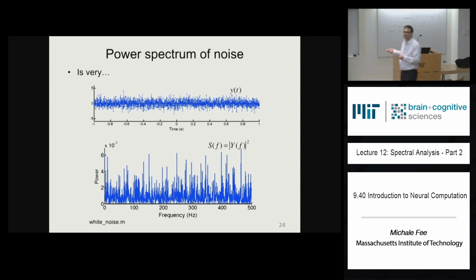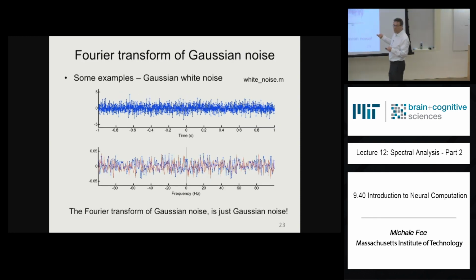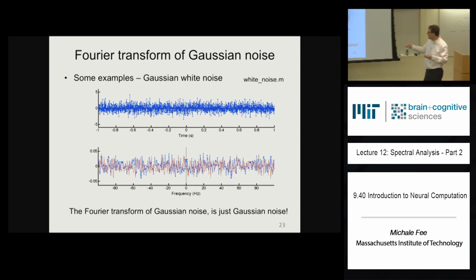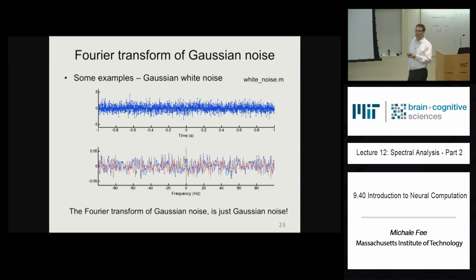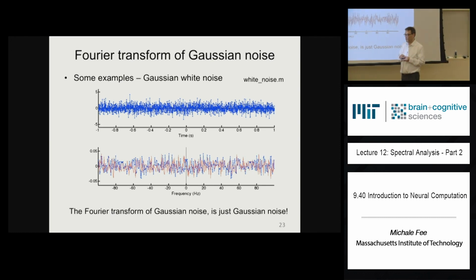All right, now what is the power spectrum? So we can take this thing, and remember when we plot the power, we just plot the square magnitude of just the positive frequencies. Why is that again? Why do we only have to plot the square magnitude of the positive frequencies? Yep.